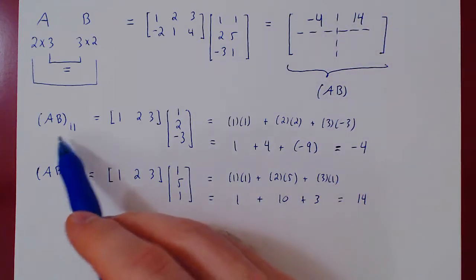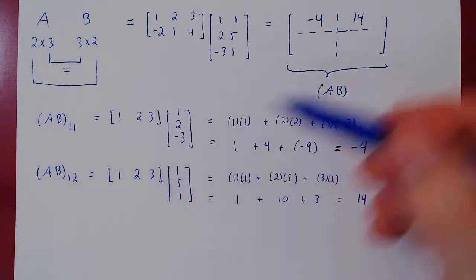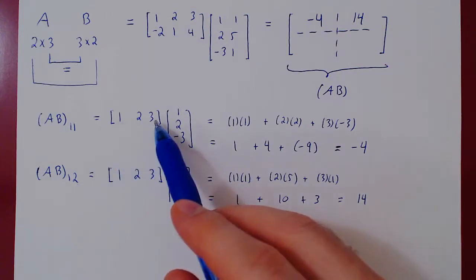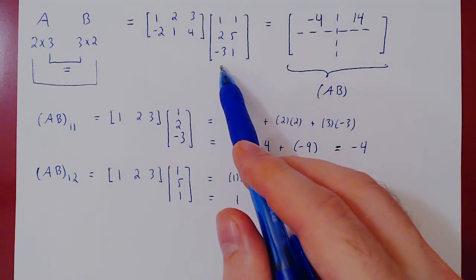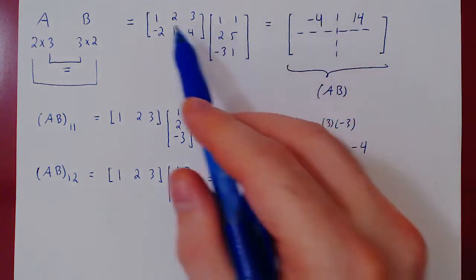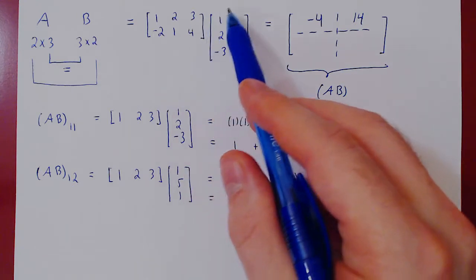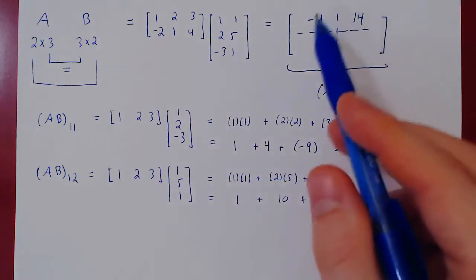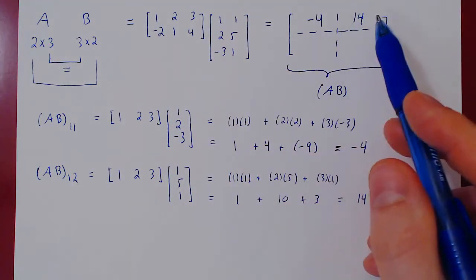Well, if you look here, we took the first row of A, and we went through the columns of B. We took the first row of A times the first column of B, and we have the first entry in our first row. If we keep going, take the first row of A times the second column of B, you will have the entry in your new matrix in the first row, second column.